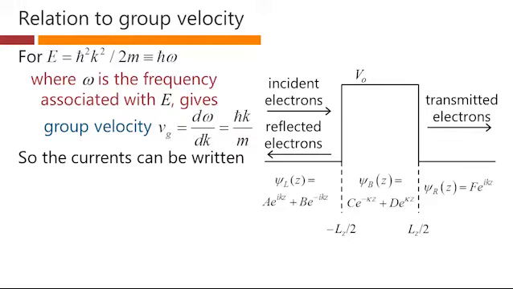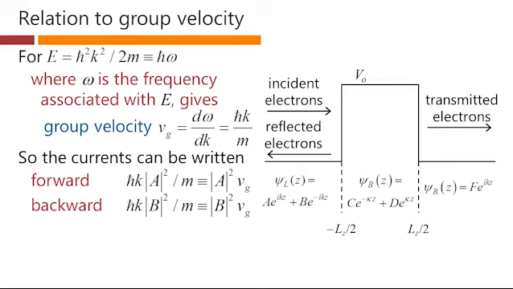So the currents could, if we wanted to, be written as a forward current that is actually mod a squared times the group velocity, a backward current whose magnitude is mod b squared times the group velocity, and a transmitted current whose magnitude is mod f squared times the group velocity.